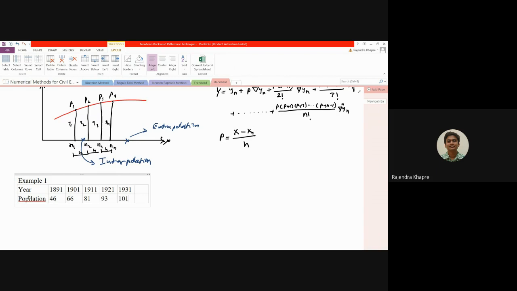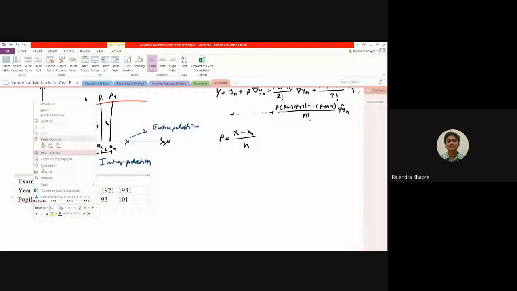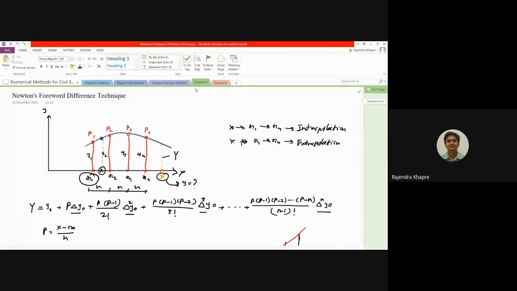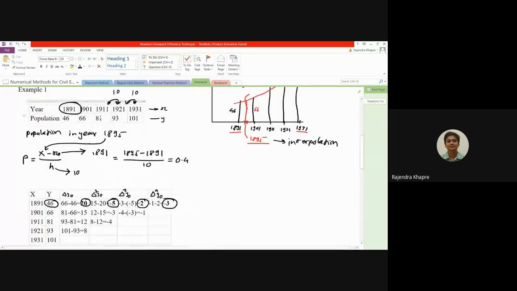So we have the same data, same problem. Now, if you remember, in the previous problem we were asked to find out the population in the year 1895. So this was an interpolation case.